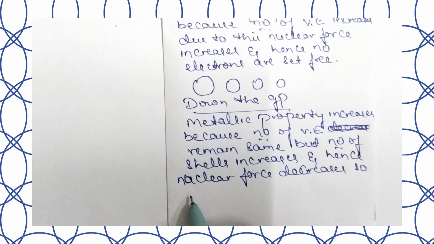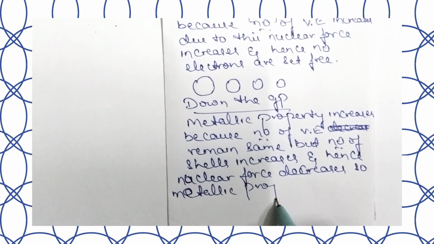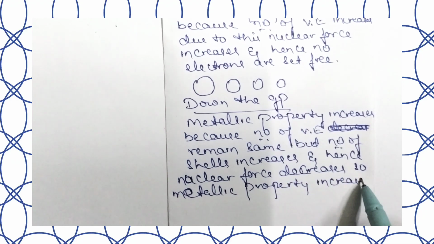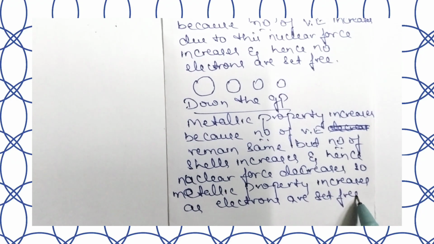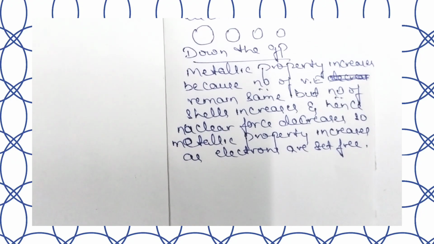So the metallic property increases as electrons are set free. So the electrons become free, and therefore down the group the metallic property increases.